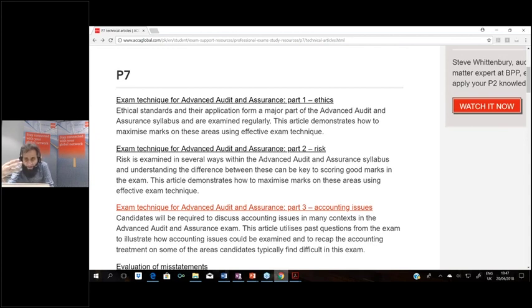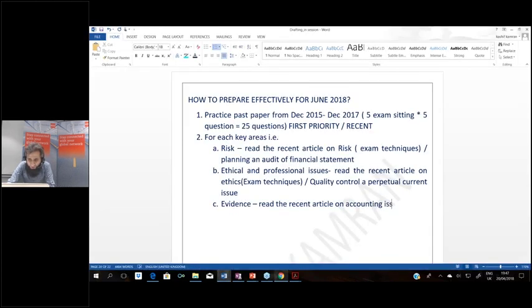Read the recent article on accounting issues, because accounting issues are very closely connected with evidence. It will tell you how to write it down. And again, there is no article on evidence apart from that, right?